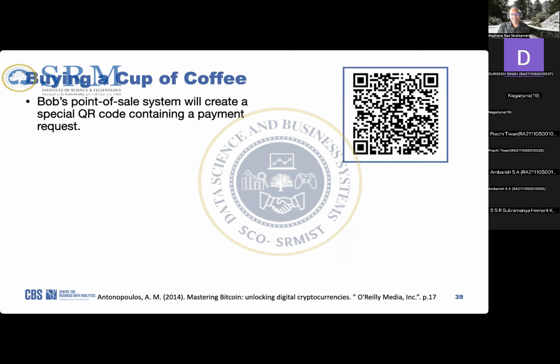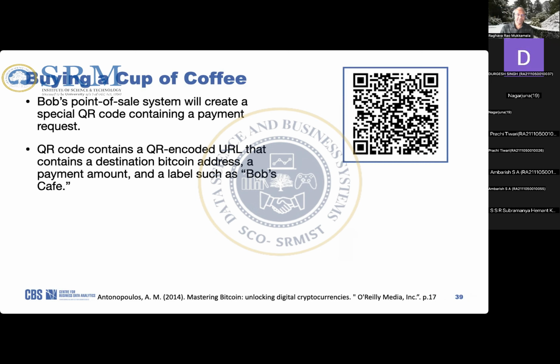But then how does the coffee shop receive the Bitcoins from Alice for the cup of coffee? So Bob, who owns the coffee shop, his point of sale system will create some kind of QR code for the payment transfer.